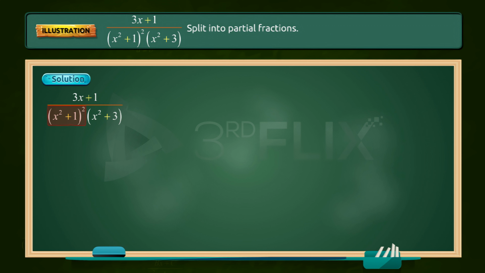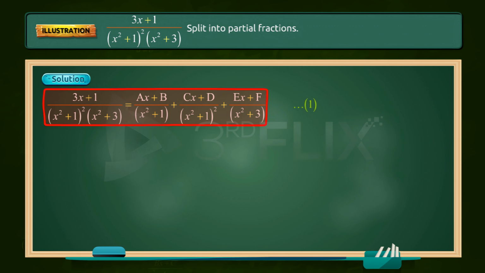For repeated irreducible quadratic factor x square plus 1, we write a into x plus b whole divided by x square plus 1 plus c into x plus d whole divided by x square plus 1 whole power 2, plus. For non-repeated irreducible quadratic factor x square plus 3, we write e into x plus f whole divided by x square plus 3. Take this equation as 1.